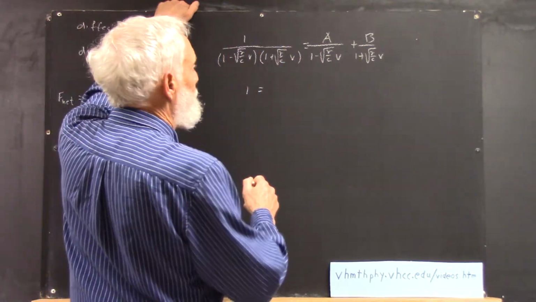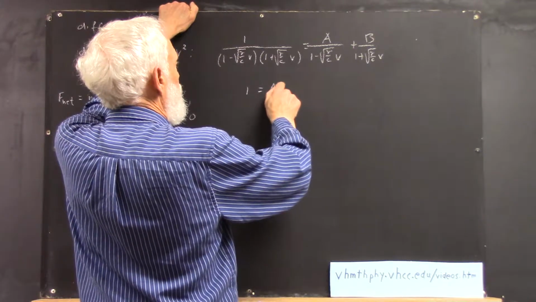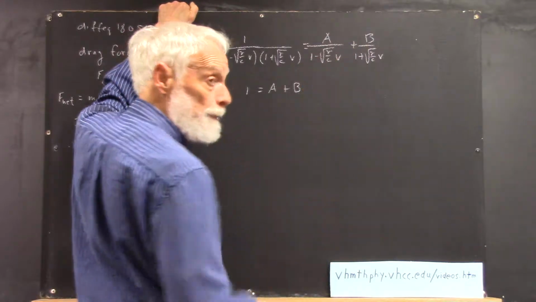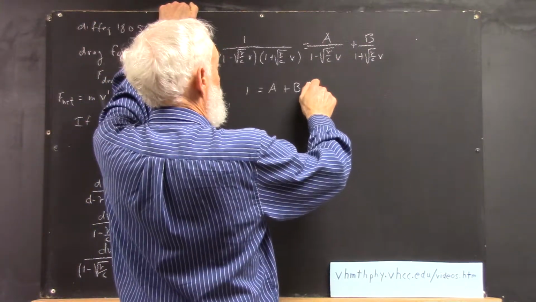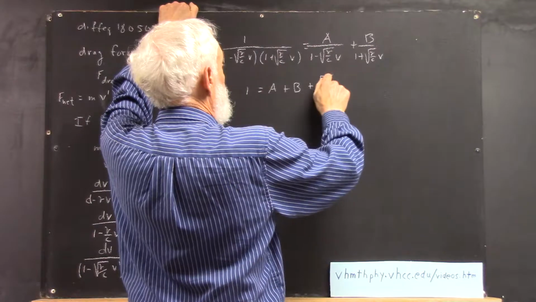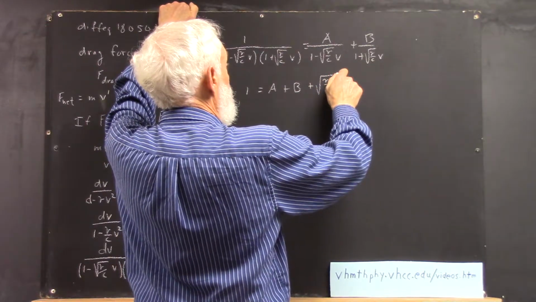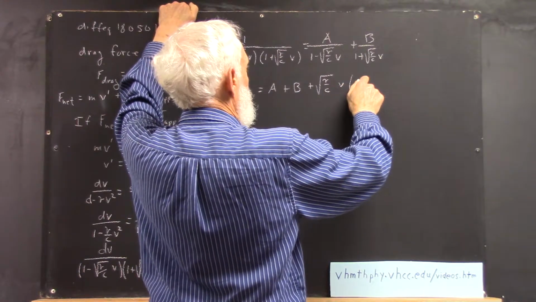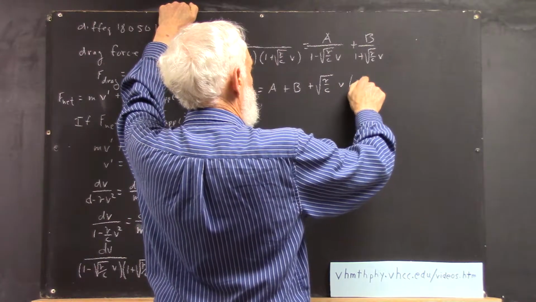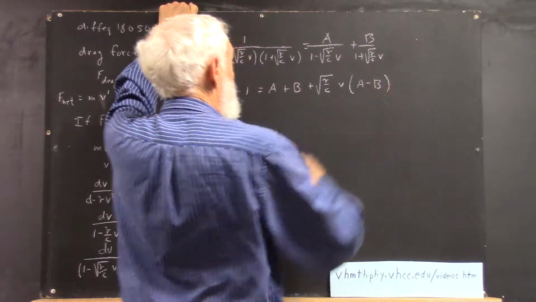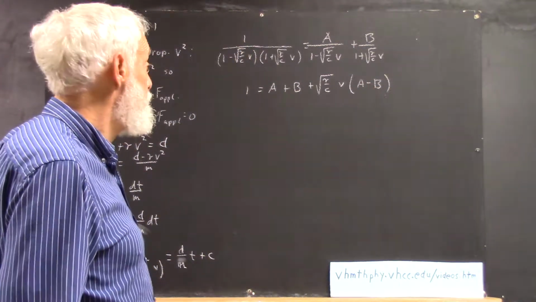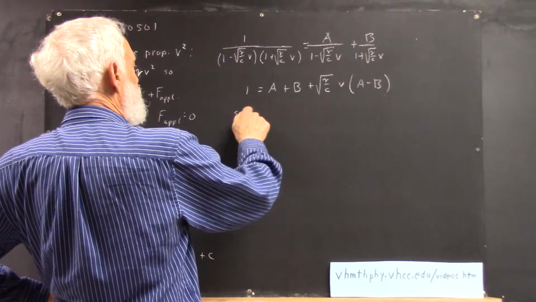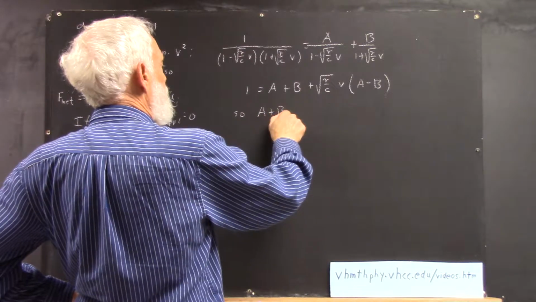We get then A plus B, because we'll get an A by multiplying this B here, and then plus the square root of gamma over c times v times A minus B. Well, from this we see that A plus B has to equal 1.